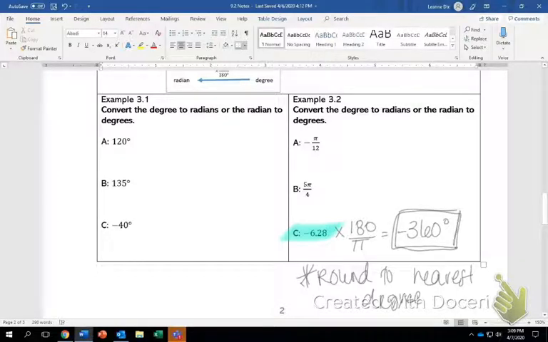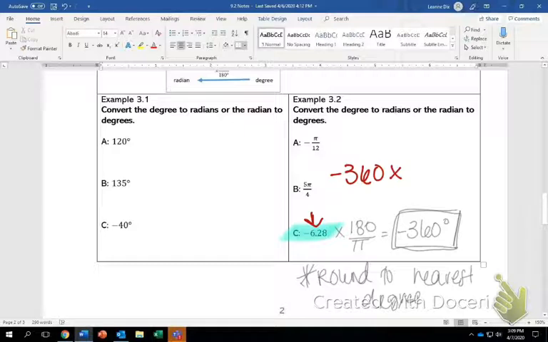If you're ever concerned that maybe it's not quite right, you can go the opposite way, because it's a relationship. If it's true for one way, it's got to be true for the other way. So I can take negative 360 and multiply, trying to see, is my answer going to equal negative 6.28?